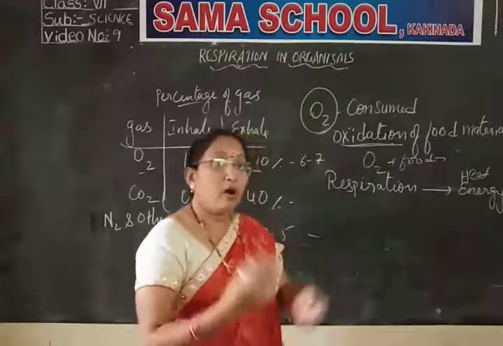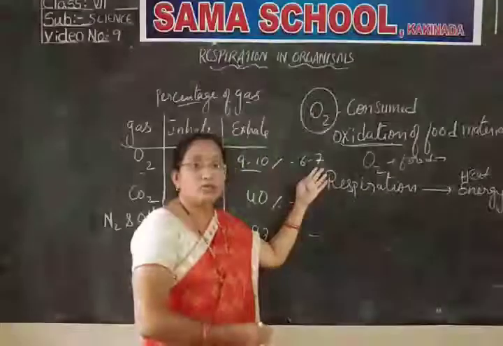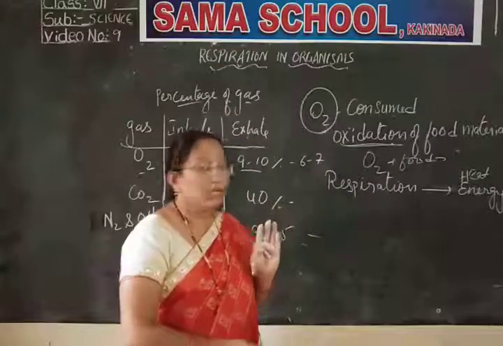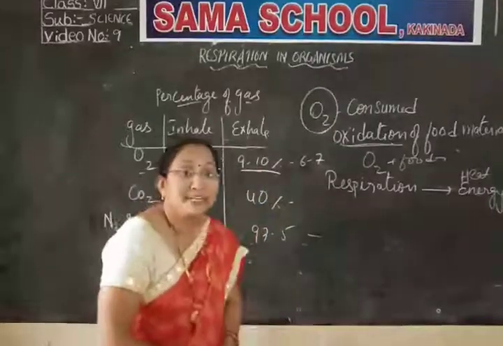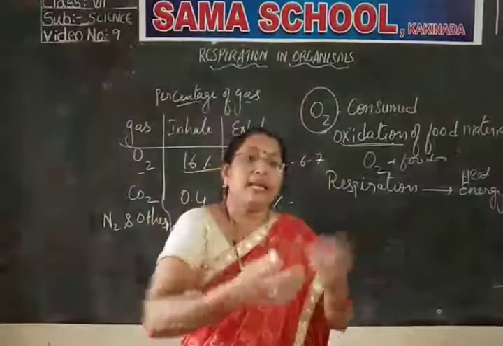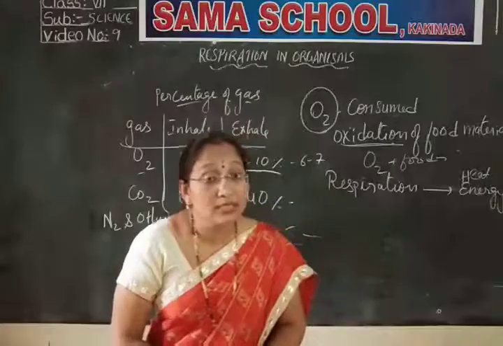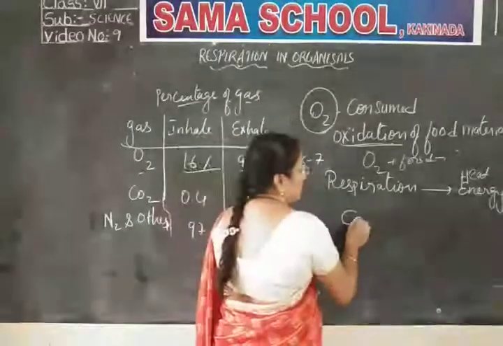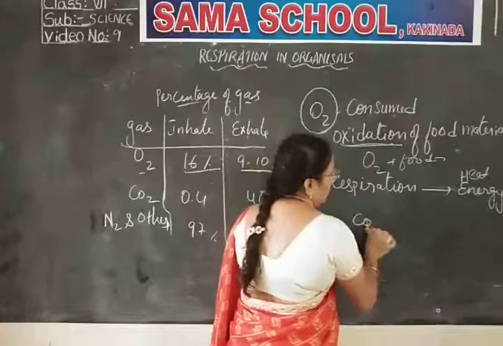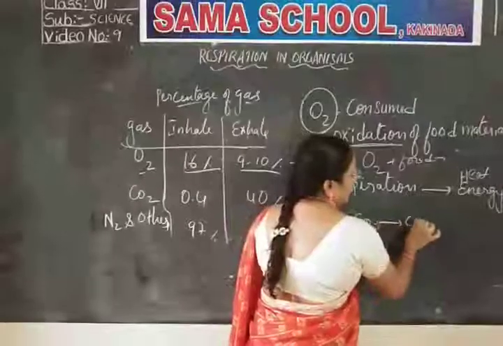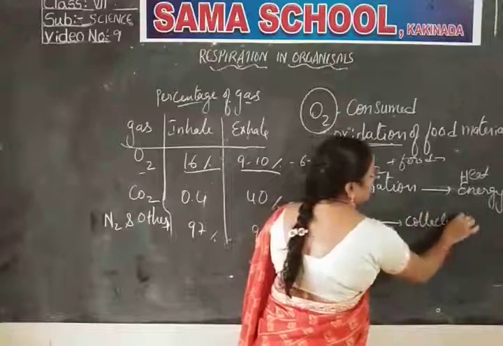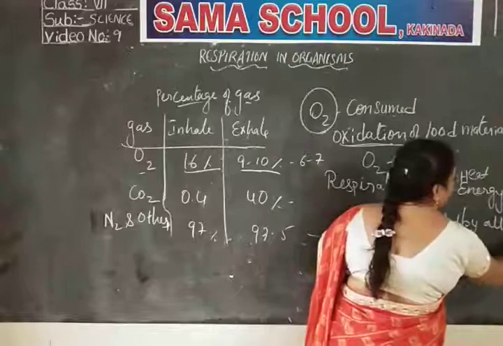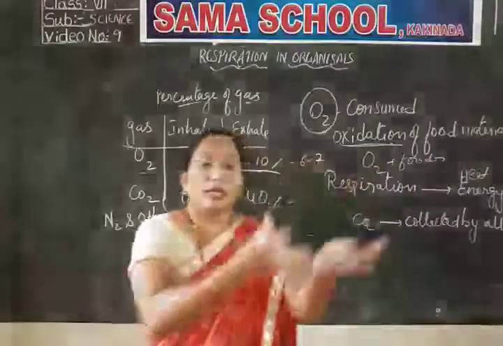So from all this, this is the use of oxygen in our body. I hope you understood. Okay? That's why the oxygen percent will be less in exhalation and carbon dioxide percent is more, because CO2 must be collected from all the cells in our body so that it can be eliminated.